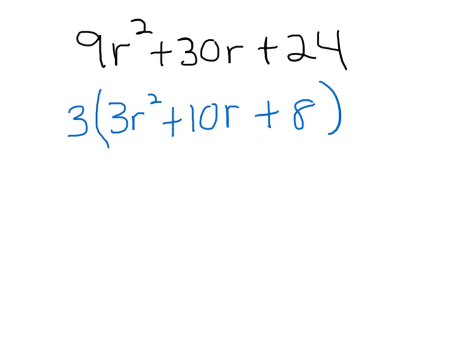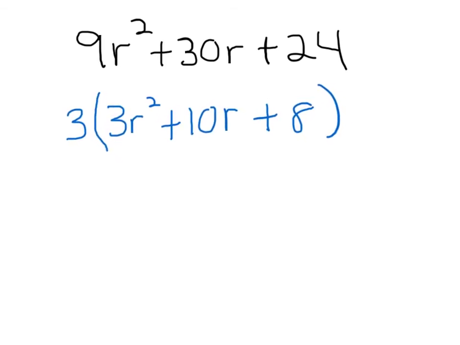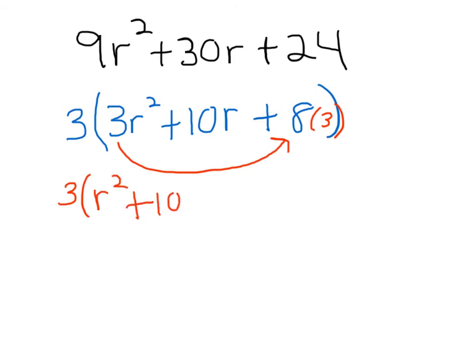The first thing I do is I take this 3 and I slide it over here. When I bring that 3 over, it's going to multiply with that 8. The 3 on the outside is still there. You just don't forget about that. That's really important. So then my front term becomes an r squared. The middle term has no change whatsoever.